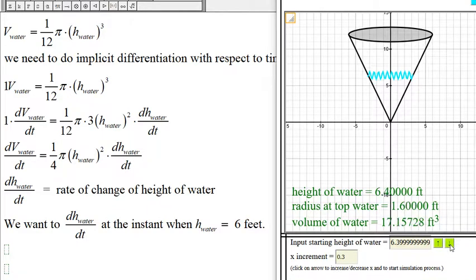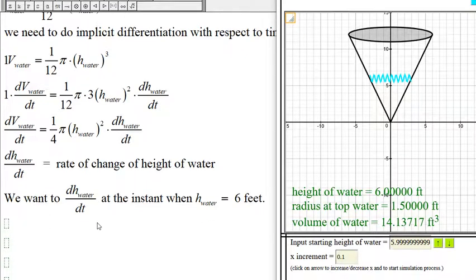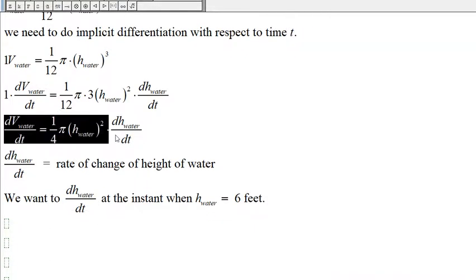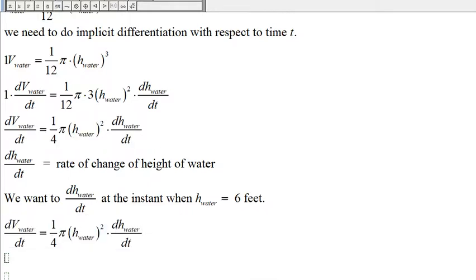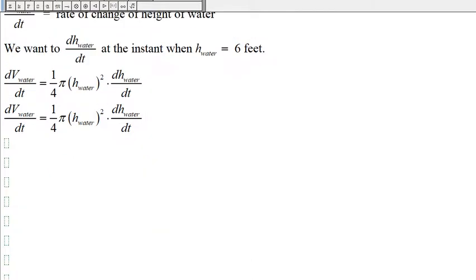At the instant when the height of the water is 6 feet, we'd like to know what the rate of change of the height of the water is.